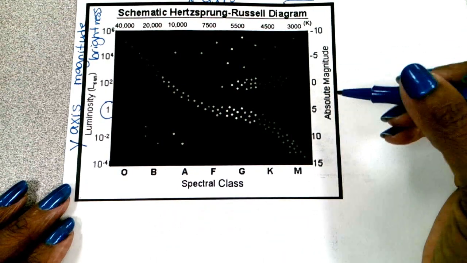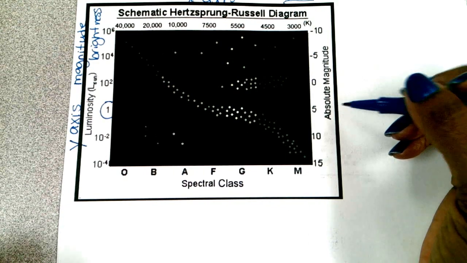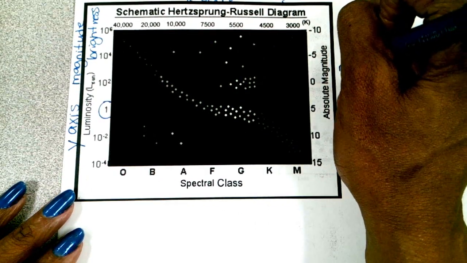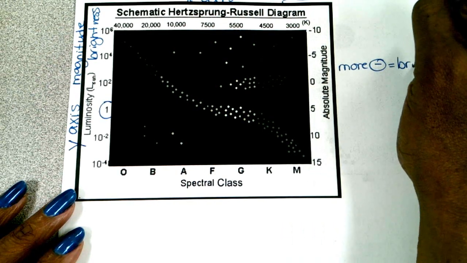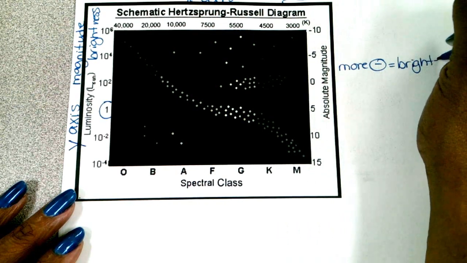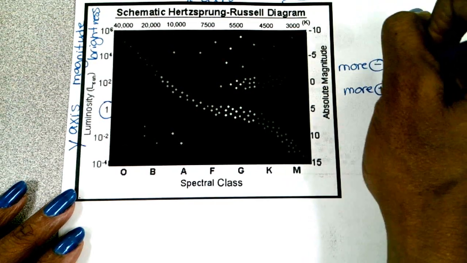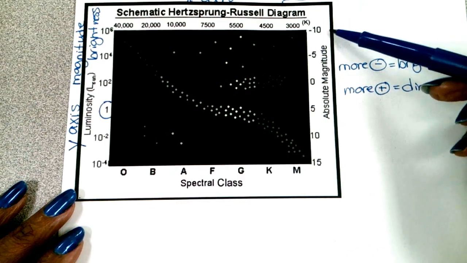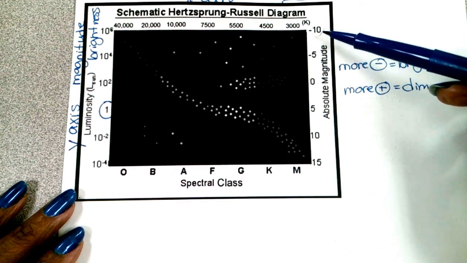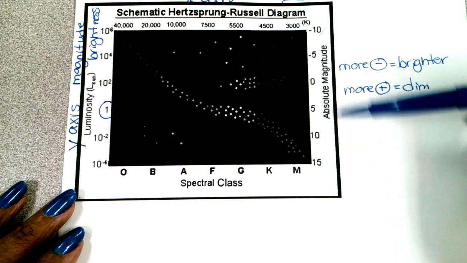So over here, this is absolute magnitude, which we covered in class. Remember, the more negative, the brighter it is. The more positive, the dimmer it is. Okay? So if you look here, negative 10, these are very, very bright. If you look down here, positive 15, very, very dim. Okay? So that's your absolute magnitude.